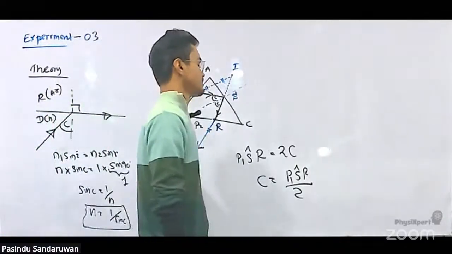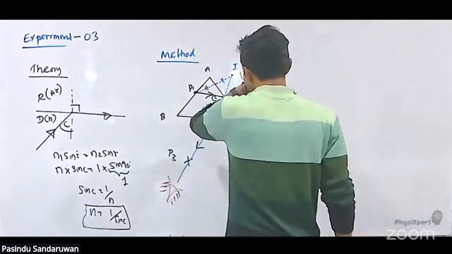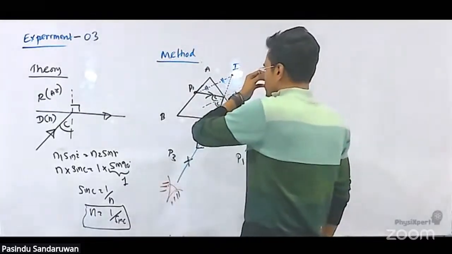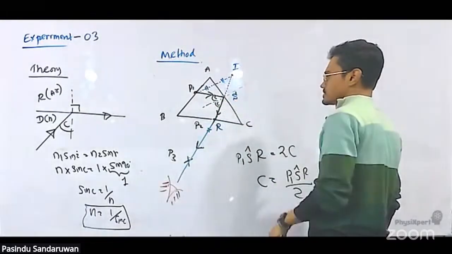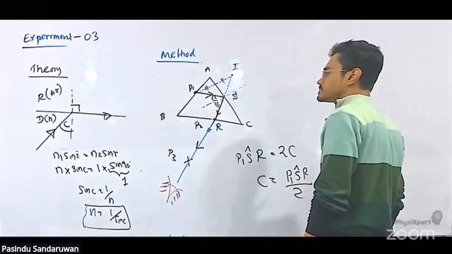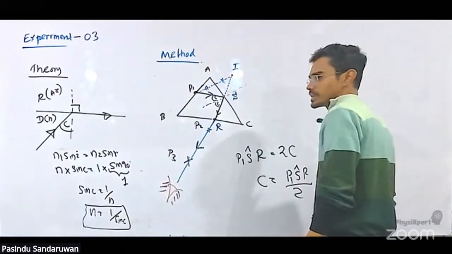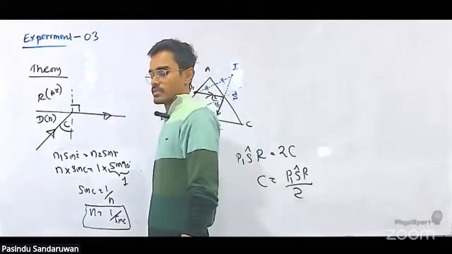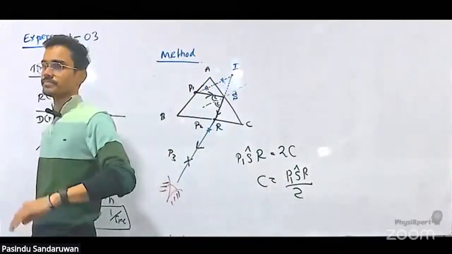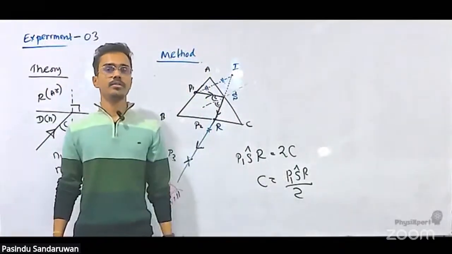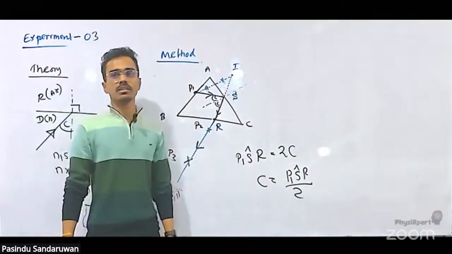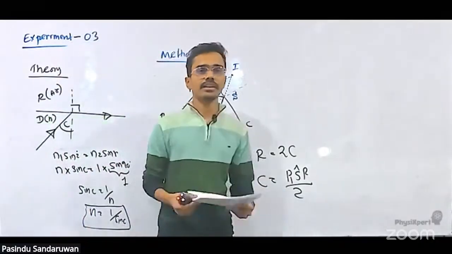Next point. Mark the boundary of the prism and remove it from the white sheet.